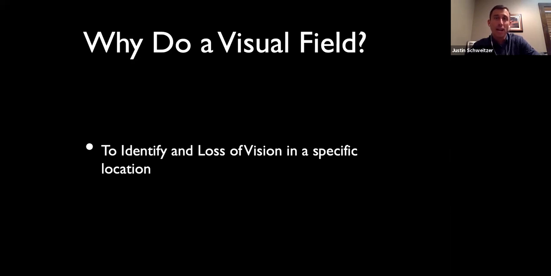That's what should be run with almost all glaucoma patients. If it's a patient that has bad glaucoma where the 24-2 is blacked out and they can't see anything on that, then we're going to run a 10-2 visual field. With neurological conditions, we're going to run 30-2s, and sometimes you'll even run a 60-2. So the larger the number, the wider or farther out we're trying to capture the patient's visual field.